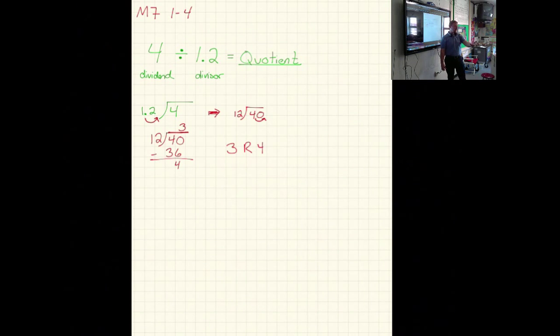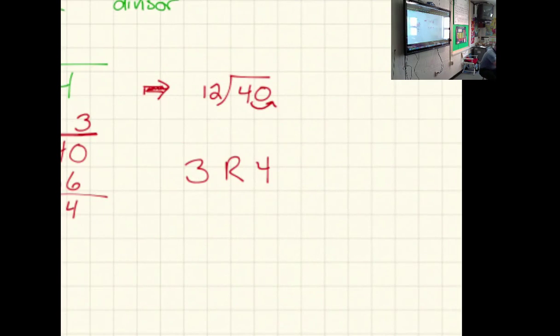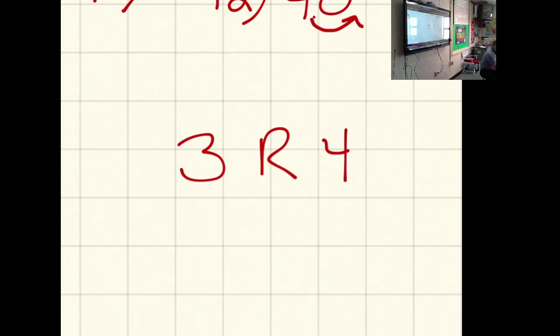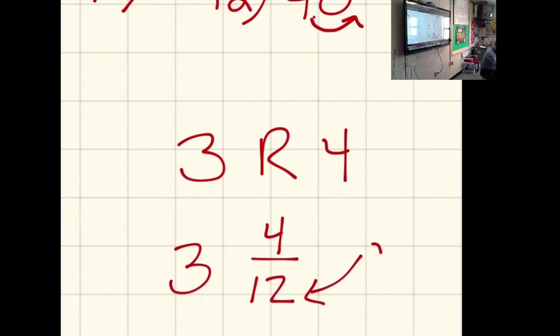I'm going to tell you it's the other one. Yeah, divisor. Okay. 3 remainder 4 is the same thing as 3 and 4 twelfths. Okay, this is our divisor.